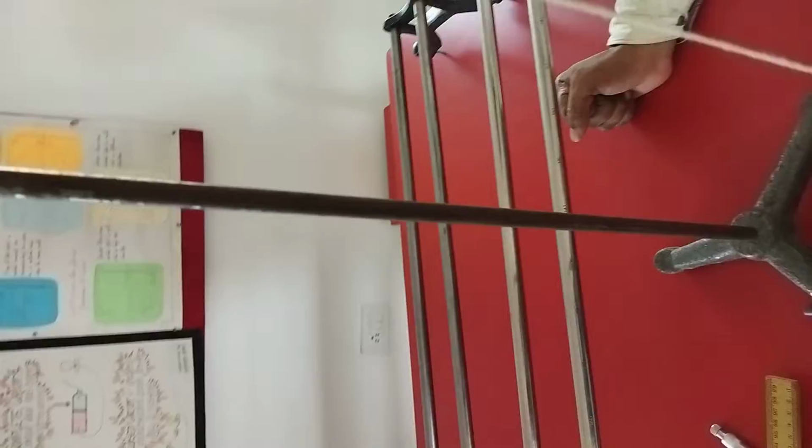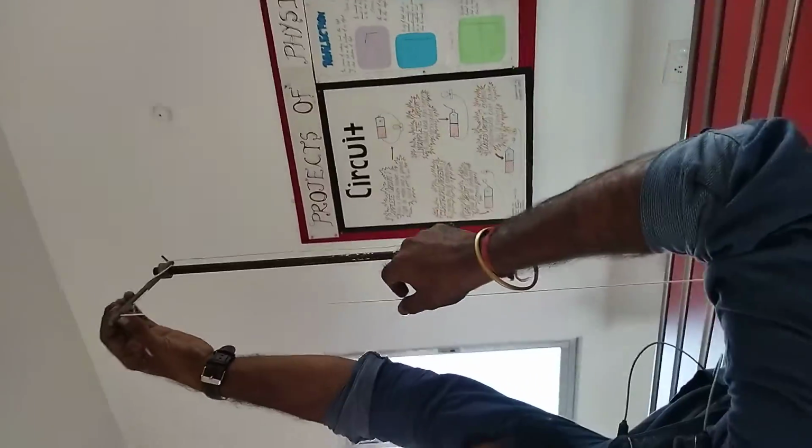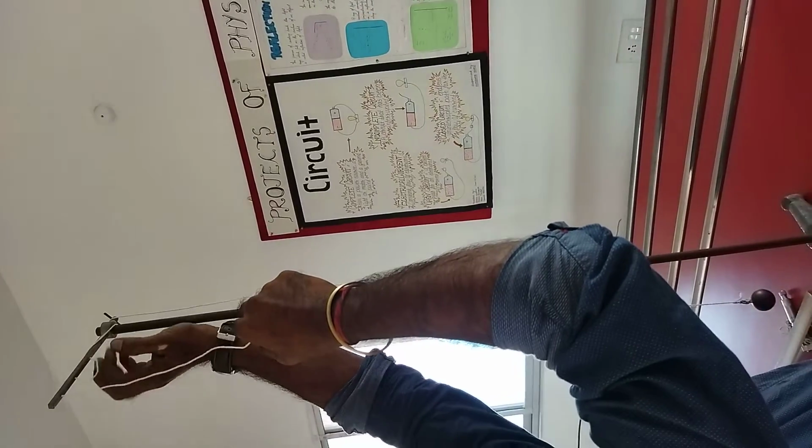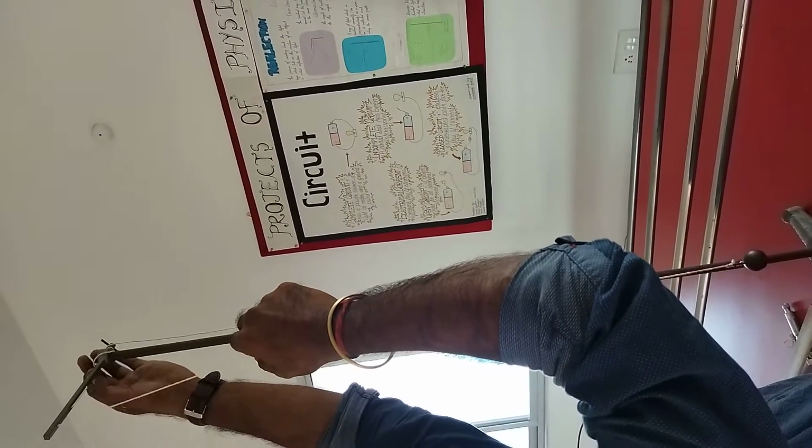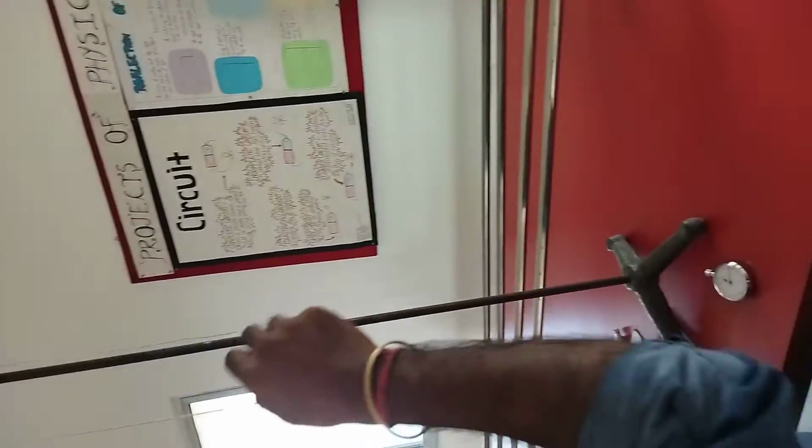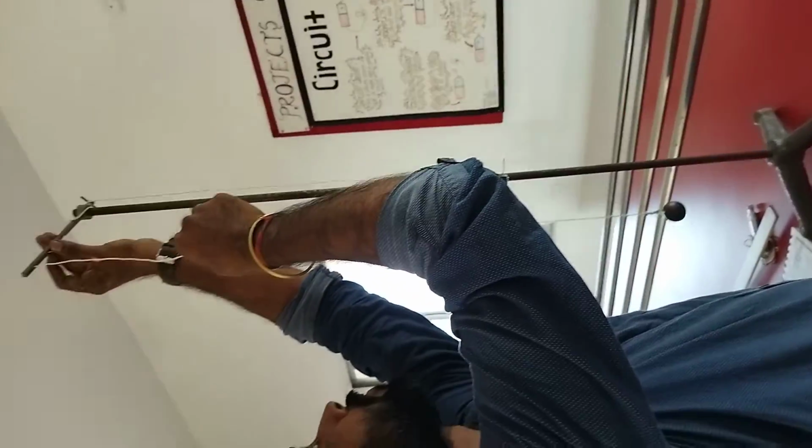Now what I am going to do? Now I am going to change the length of this bob. I am going to change the length of this system. Okay. Just change the length, a small amount of length.